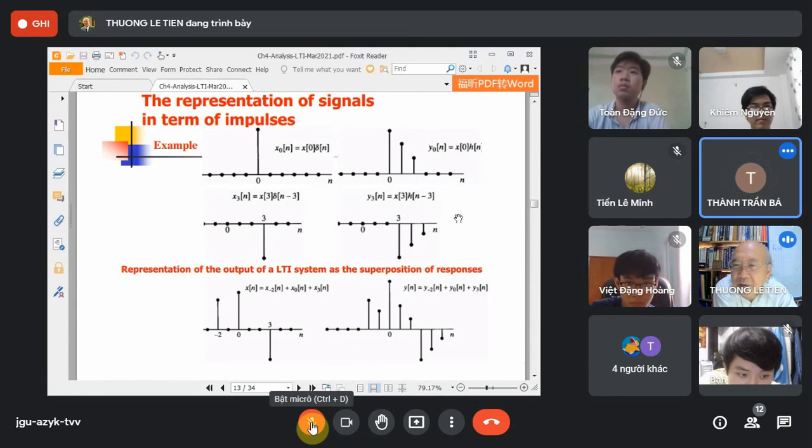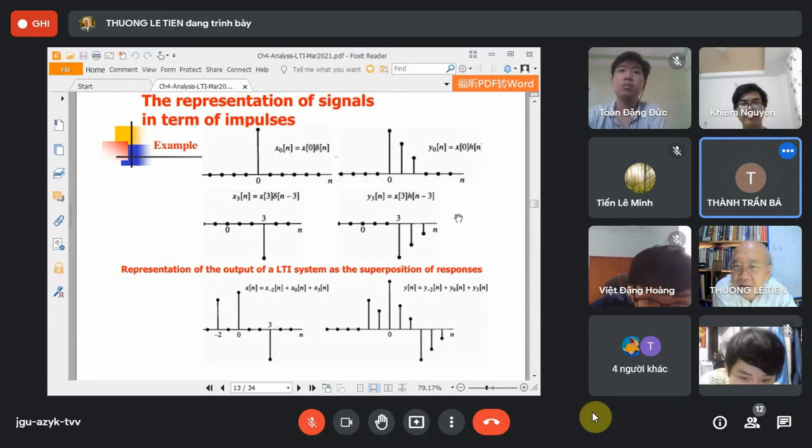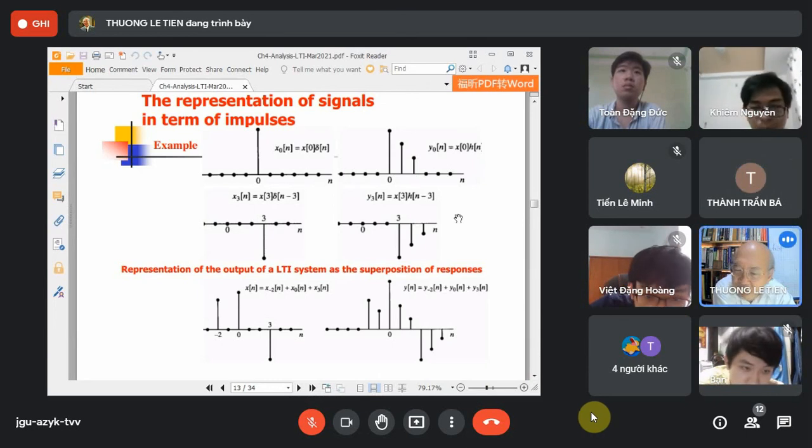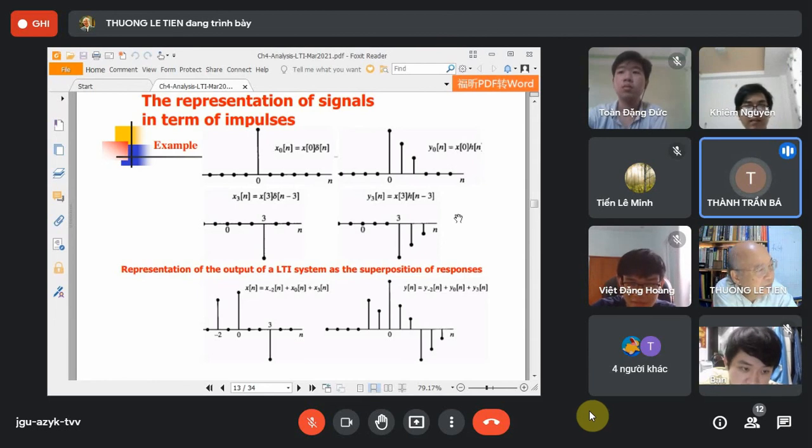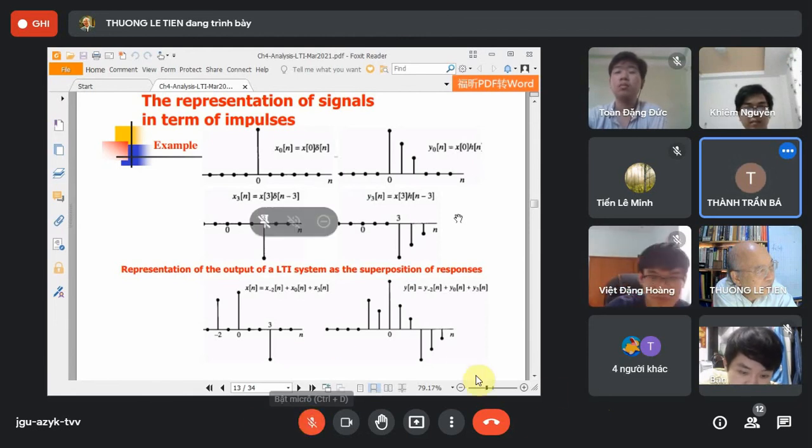Han, are you speaking? Do you hear my voice clearly? Say again. I think that the definition of impulse function is that it's equal to 1 when n is equal to 0, and in other cases it will equal 0.